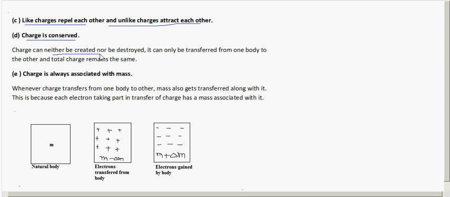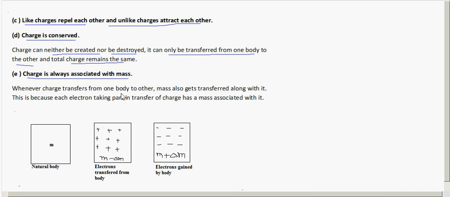This fact, that electric charge is always an integral multiple of e, is known as quantization of charge.